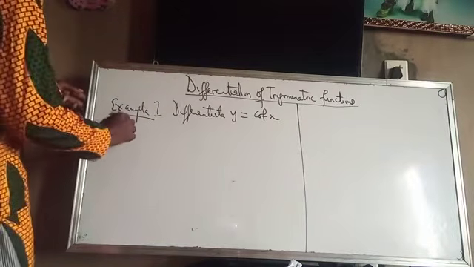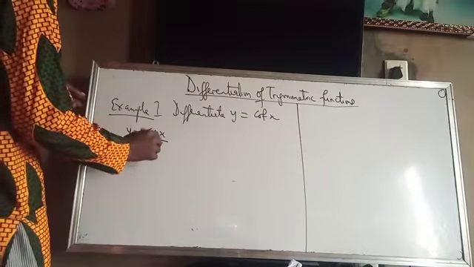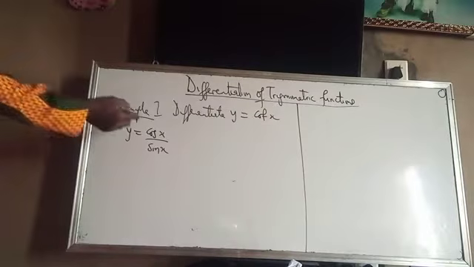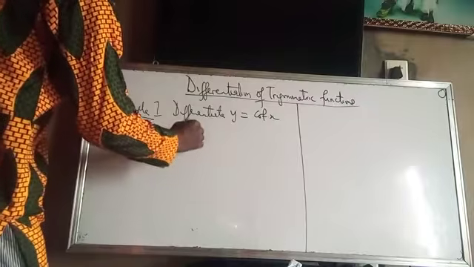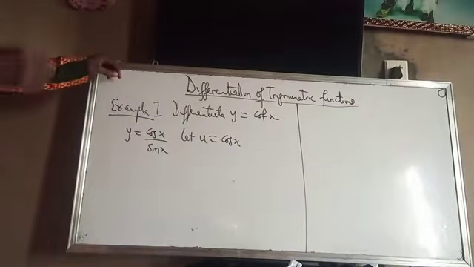So we have y is equal to cos x all over sine x, because cot x is the inverse of tan x. So now, obviously, this has given us what we call the quotient rule. The quotient rule is a rule that is used to differentiate rational functions, rational in the sense that it has a numerator and denominator. So in this case, let u be cos x and v is equal to sine x.